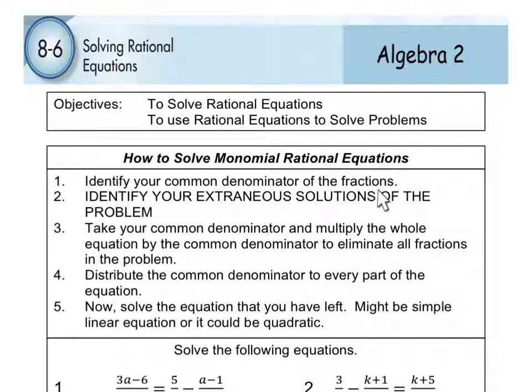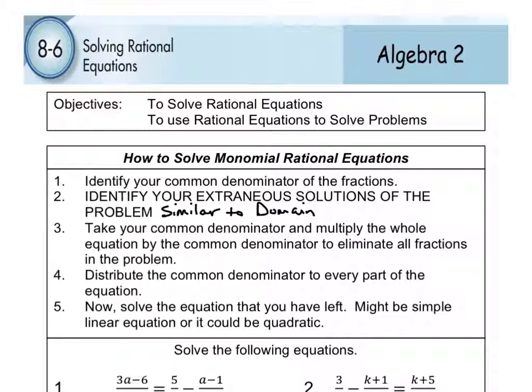We also have to identify the extraneous solutions of the problem. This is very similar to a domain. You're probably not going to see it today in the problems we look at, but you will start seeing them when we do polynomial ones.